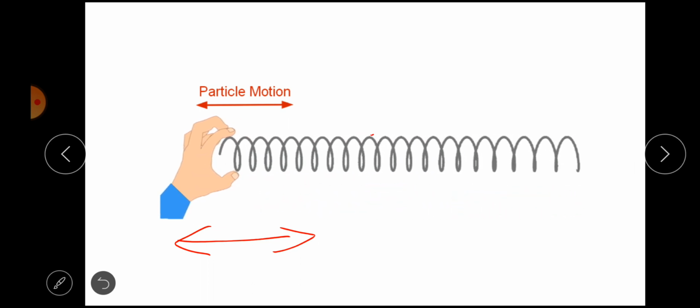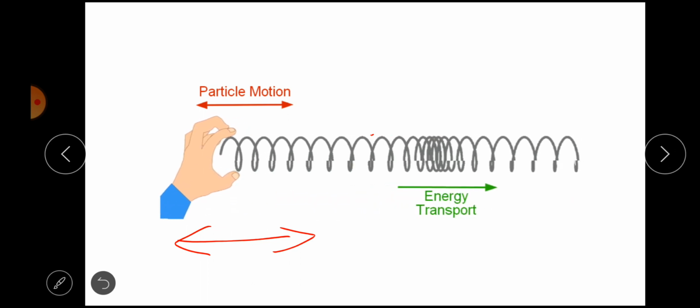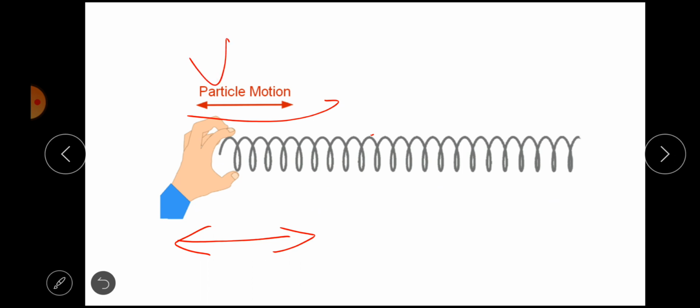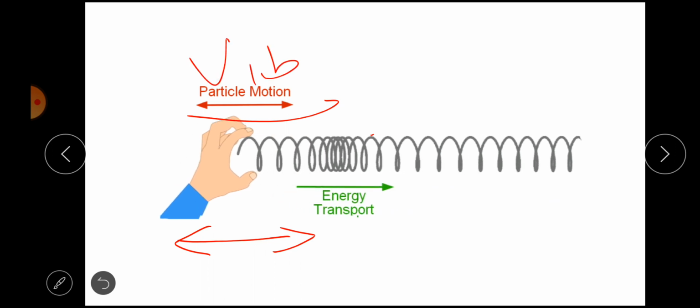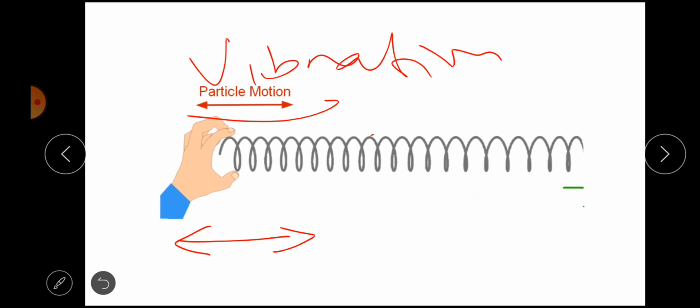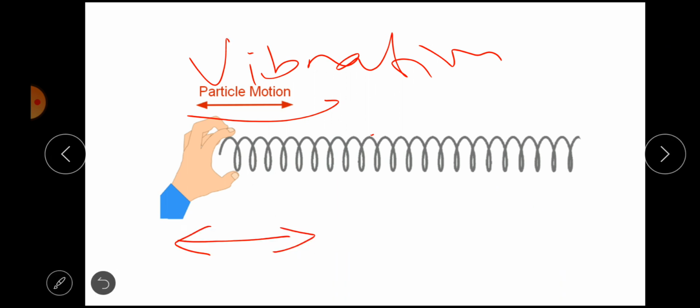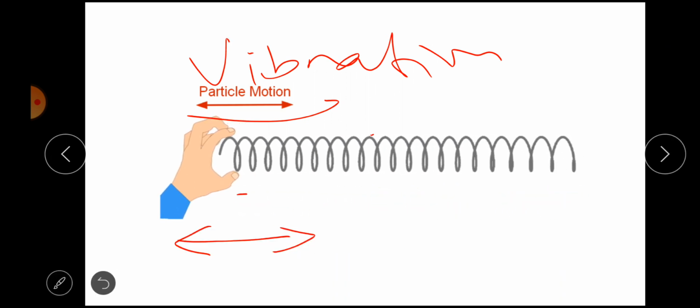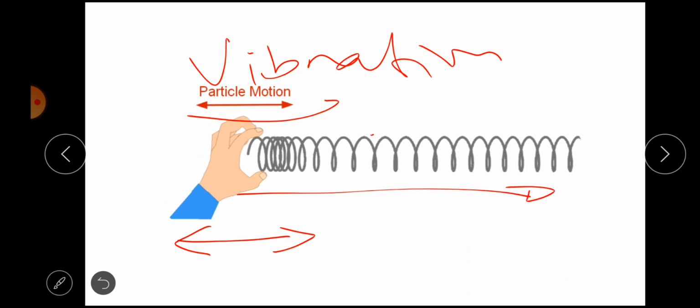So now here you can see the particle motion also. This arrow shows the direction of vibration. And then the direction of energy travel is shown by this green arrow.